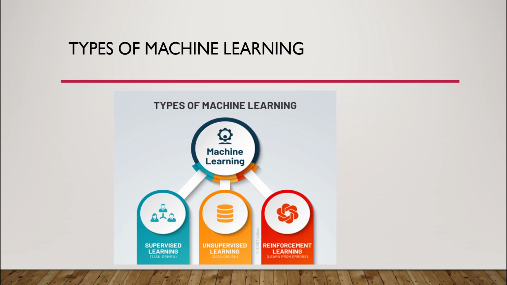Secondly, what are the types of machine learning? Basically, we have three types: supervised learning, unsupervised learning, and reinforcement learning. In today's lecture, we are going to discuss these three types with their proper examples, and after that we will do the practical implementation for supervised learning, with unsupervised and reinforcement learning in our next lecture.